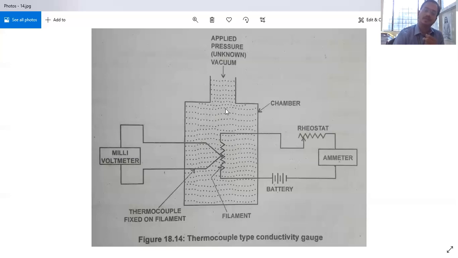If the density is more, thermal conductivity is more, and temperature variation is less. Based on that temperature variation, the density of the material is determined, analyzed, and finally this change in temperature is calibrated to determine the vacuum pressure of the applied measurand.